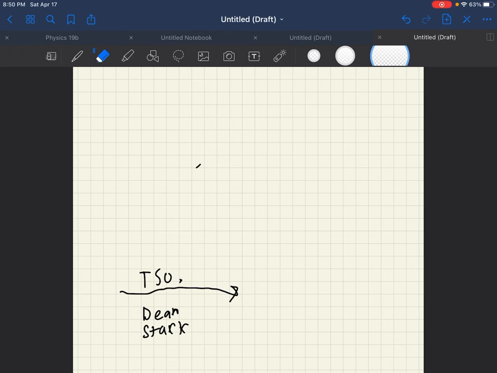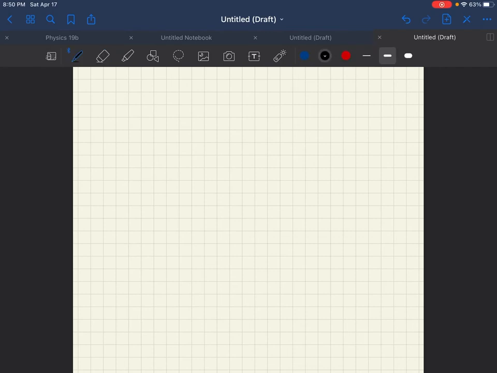I also want to note the key difference in mechanisms between E1 and E2. So let's look at E2 versus E1 when it comes to mechanisms. E1 has a carbocation intermediate.